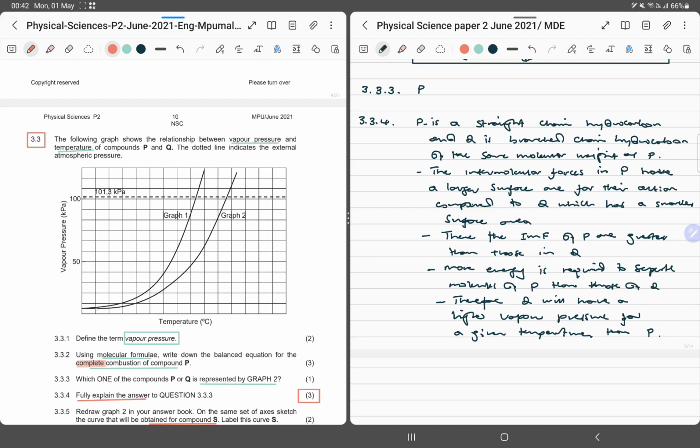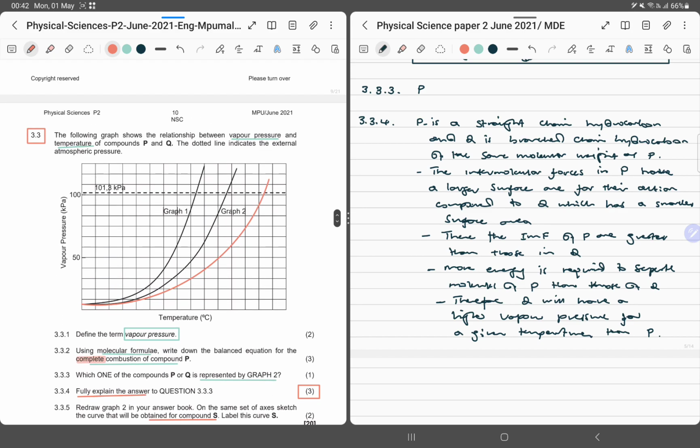So this one will start the same, at least because nobody told us. But this one will be stuff like that. All right, so we can name it S. What did they tell us? Yeah, label the curve S. So this is S.